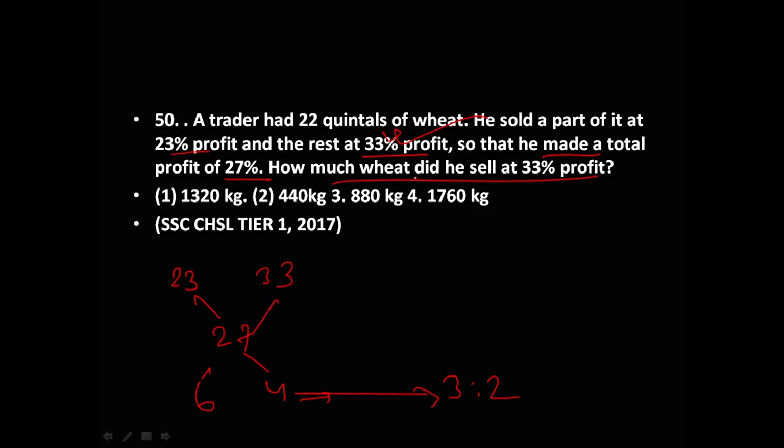So the question is how much wheat did he sell at 33%? The answers are in kg, so we have to multiply it by 100. So 22 into the second part, because 33% profit is required, we have 2 upon 5 into 100. Because the answer is in kg, so how much will it be? It's 880. Clear?